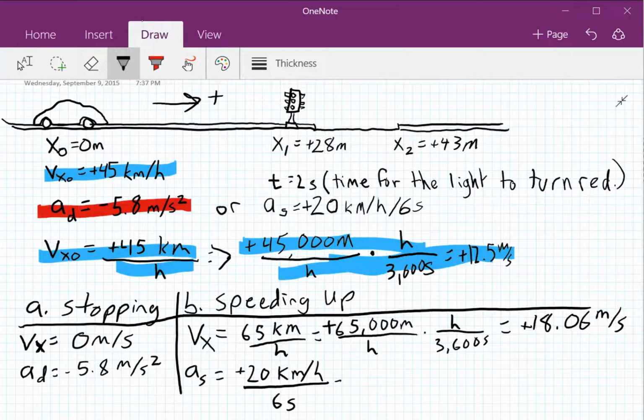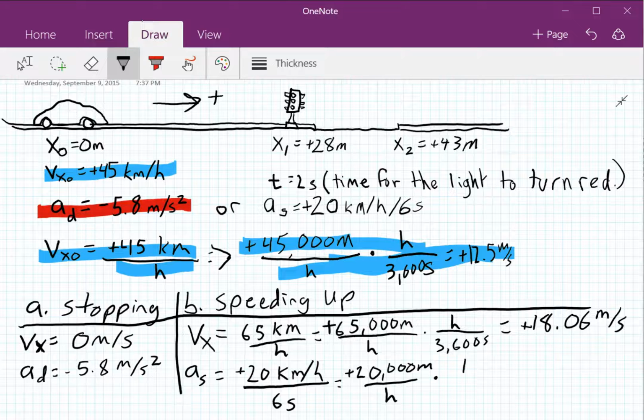I would rewrite it as 20 kilometers per hour. Okay, where you can go ahead and think about how you would convert that. So actually, let's take out the kilometers. Let's go ahead and write it as 20,000 meters per hour. And we can go ahead and multiply that by 1 hour over 3,600 seconds. And then multiply that by 1 over 6 seconds.